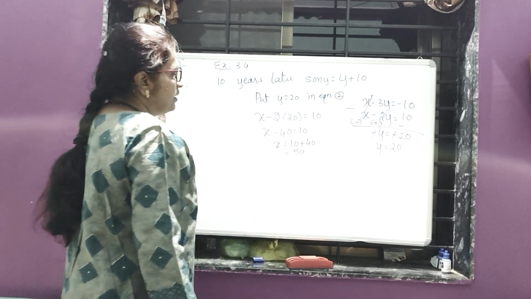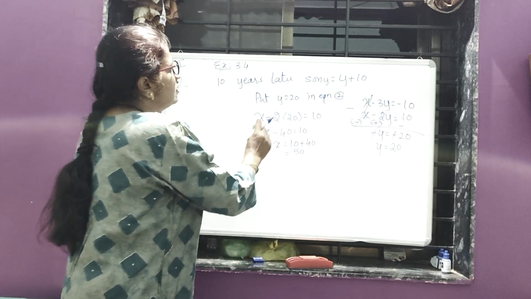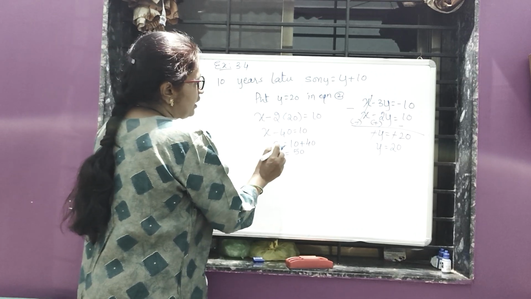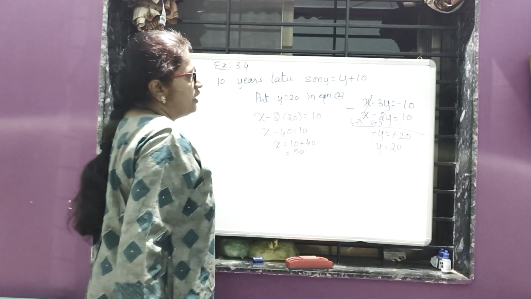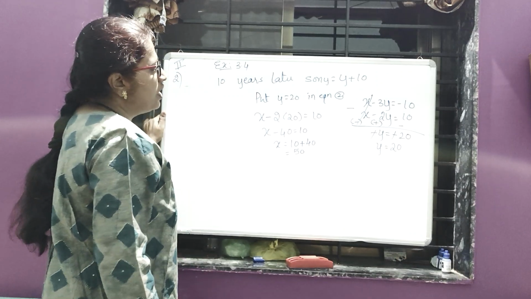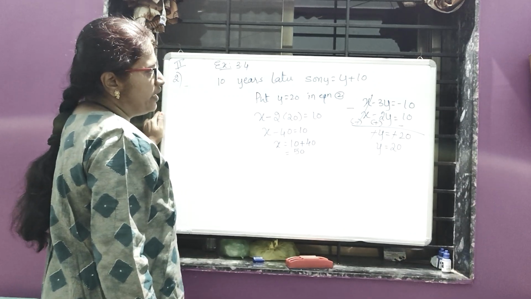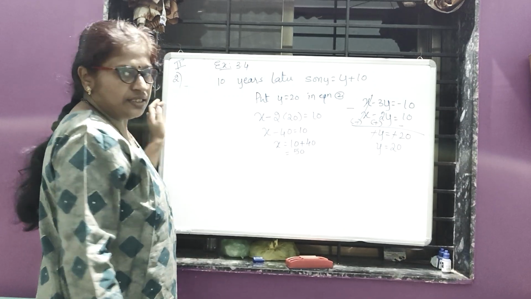So that completes the second question. The present age of Nuri, x, is 50 and the present age of Sonu, that is y, is 20 years, children. So that completes the second question.